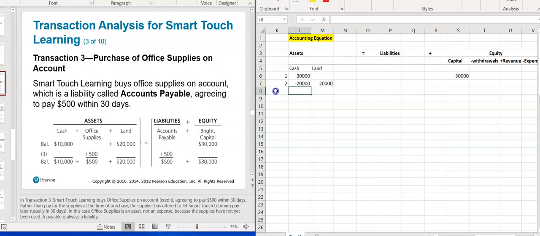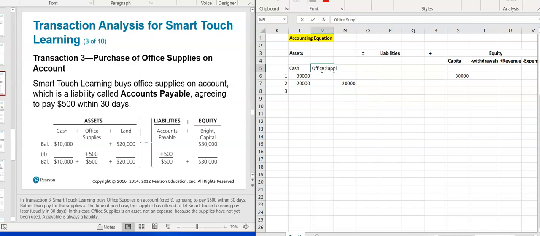All right, number 3. And you'll notice they're balancing theirs out after each individual one. I am not doing that. Smart Touch Learning buys office supplies on account, which is a liability called accounts payable, agreeing to pay $500 within 30 days. All right, so Smart Touch Learning bought office supplies, which is an asset. So I'm going to shift this one over, just to keep it in order.